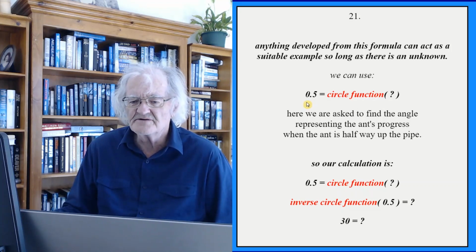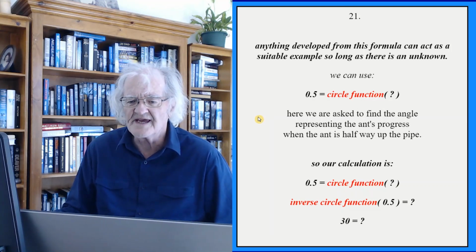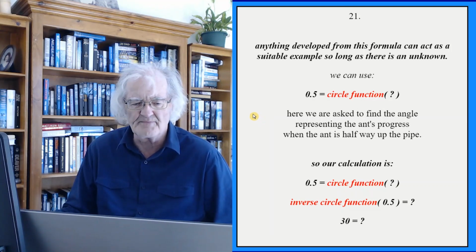We can use 0.5 as a known height. What is the appropriate angle? So here we're asked to find the angle representing the ant's progress when the ant is halfway up the pipe, half the height of the pipe.